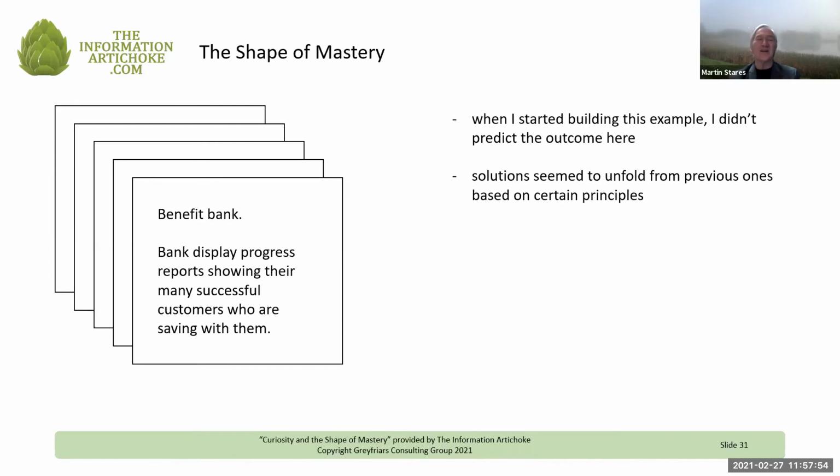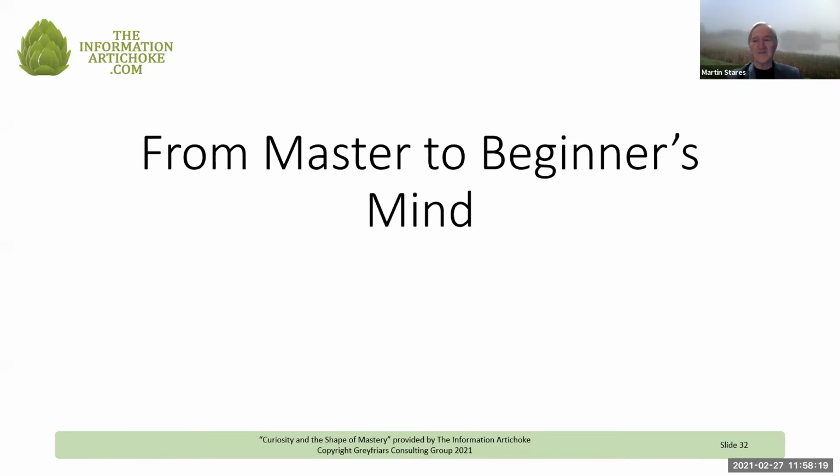I can continue to riff on this and come up with more steps. But the solutions did seem to unfold from the previous ones based on certain principles. And I want you to remember that quote because we'll meet that a little bit later on. So you asked, hey, Martin, what does mastery look like? That's what mastery looks like for me.